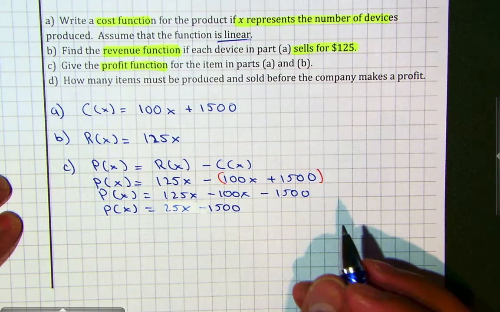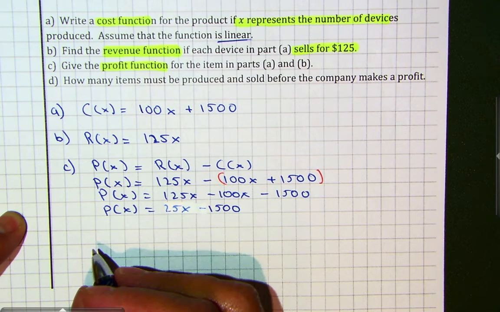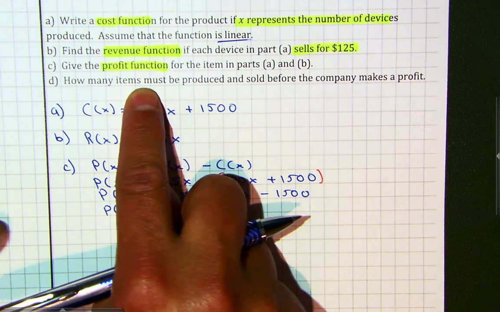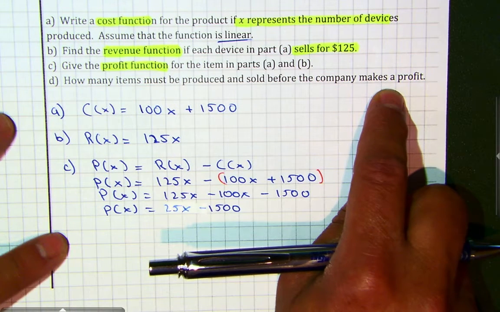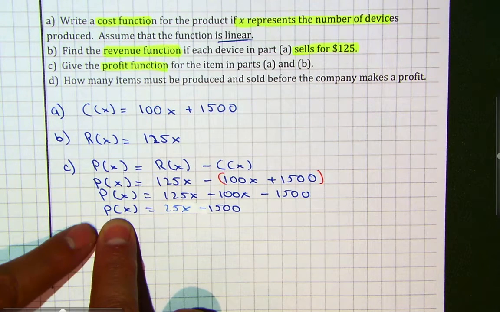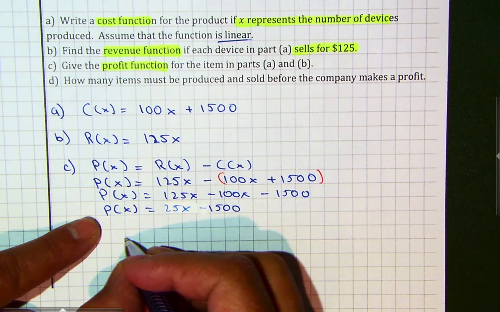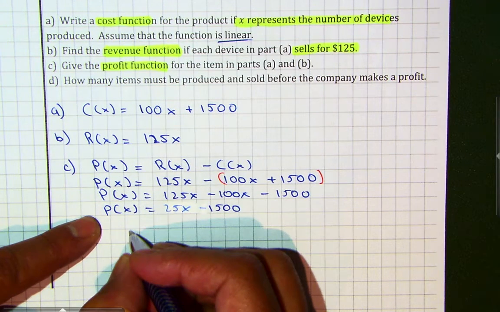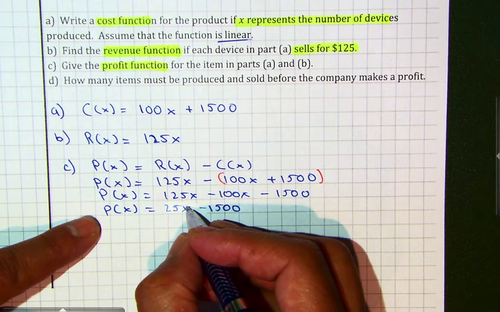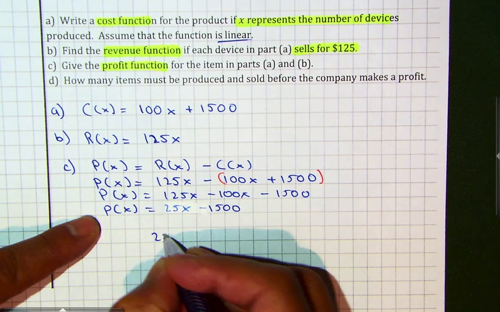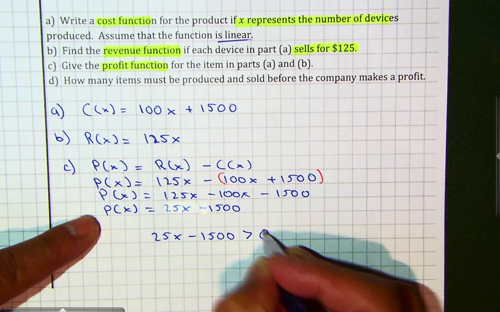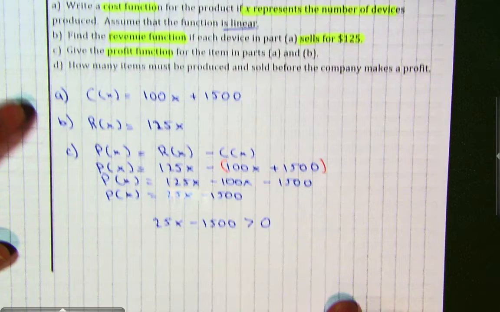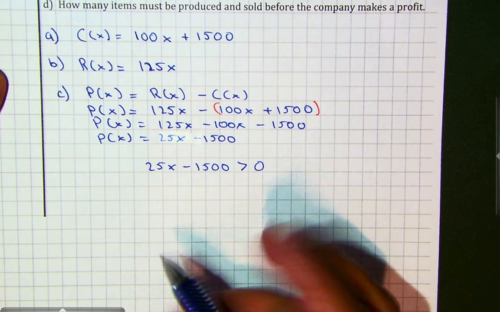And now I can just answer the last question. How many items must be produced and sold before the company makes a profit? So we want the profit to be greater than 0, correct? So 25x minus 1500, we want it to be greater than 0, since that's your profit. And then we can just solve it. Add 1500 on both sides.